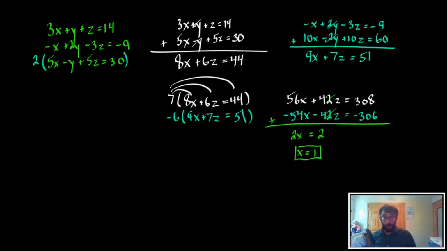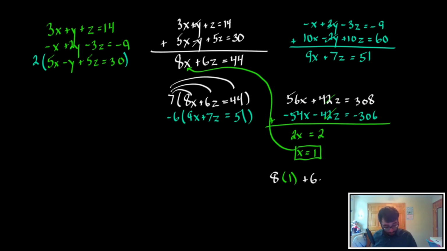Now remember, from here, we have to go backwards. So I'm going to have to plug this in to either of these two equations and then solve for z and then go backwards again. So I'm going to go ahead and plug this in for x here. So that's going to get me 8x, and I found x is the nice small number of 1, thank God.